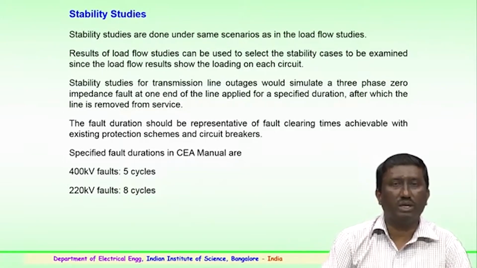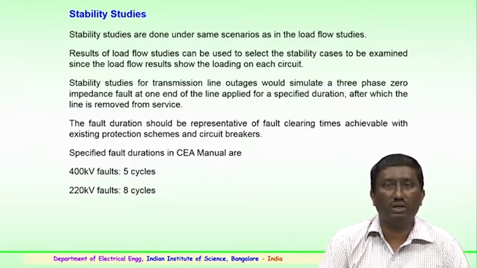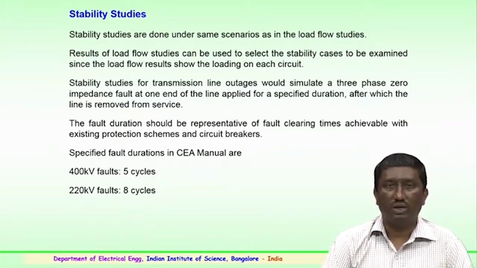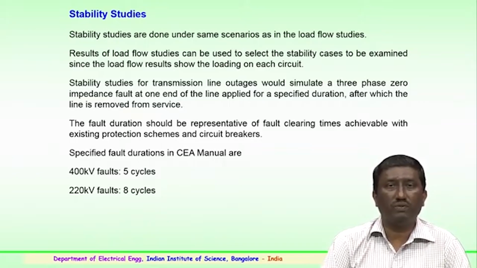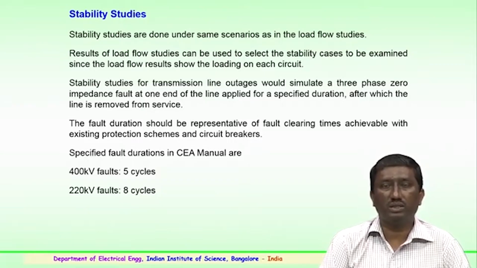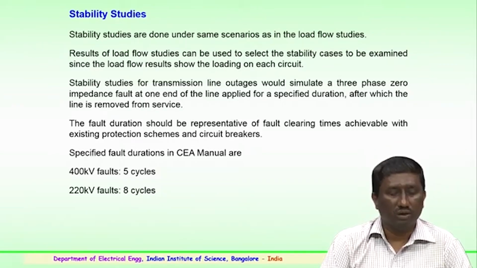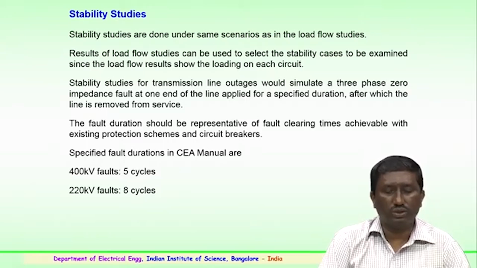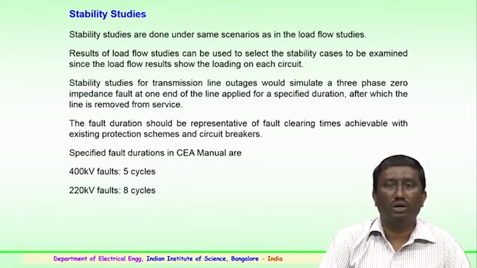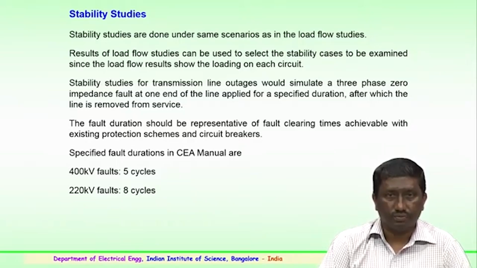Further are the stability studies. These are done under similar scenarios as in the previous load flow studies. The results of the load flow could be used to select the stability cases which are to be examined, because these load flow results give an indication of the load on each of the circuits.